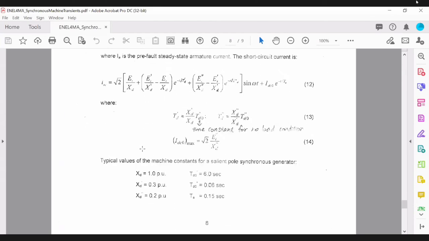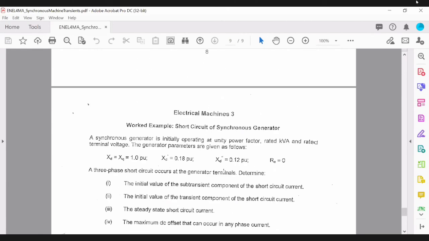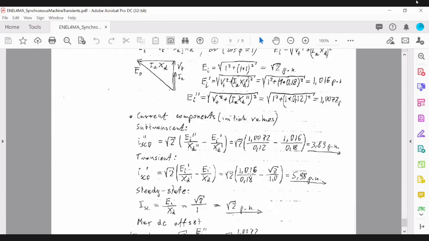As you can see, you have those components, 1, 2, and 3 there, right? So we're going to use that to determine the short circuit current for the subtransient period.